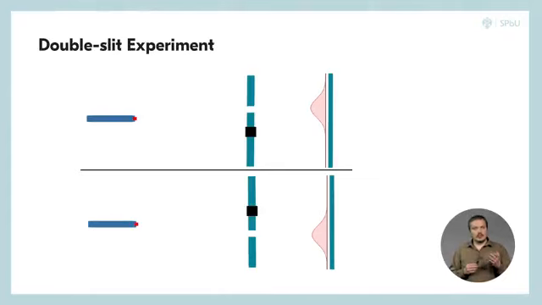Again, we count the flashes and draw the graph. We do it at first with only one open slit. Here on the slide you observe the graphs for the left and the right slits being opened separately. They are pretty much the same as we saw for the bullets and the waves. No surprise up to this point.